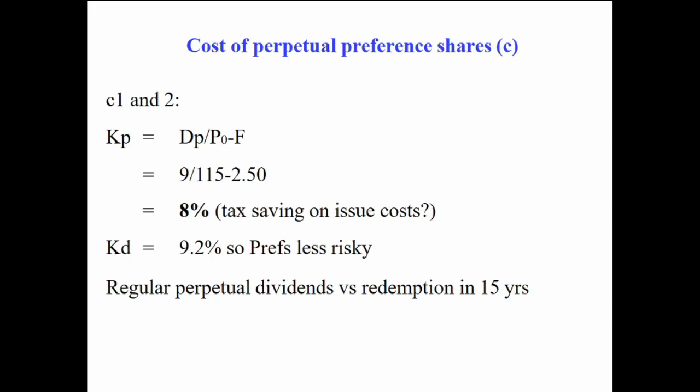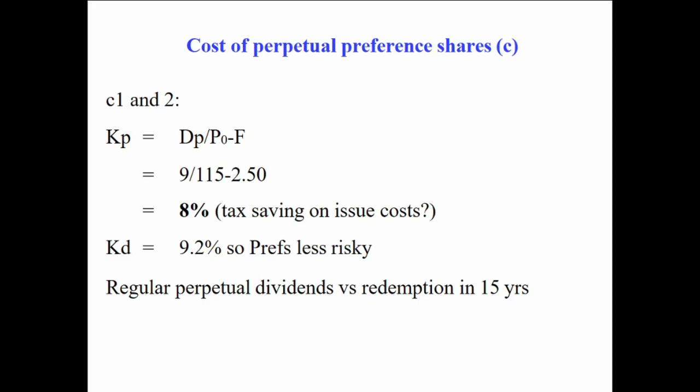If we compare the perpetual preference shares as a source of finance as compared to the redeemable debentures, we would want to compare the cost of the various sources. If we were to obtain the perpetual preference shares and use this as a source of finance, this would cost us 8%.